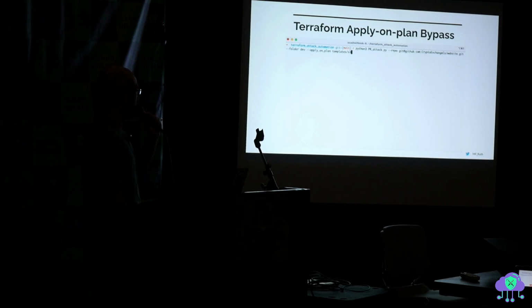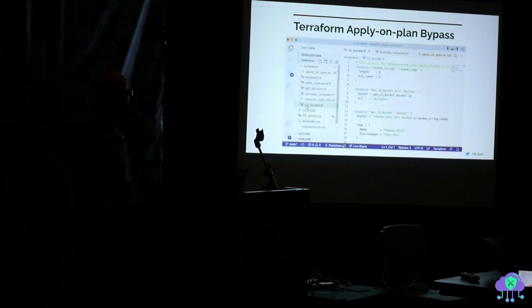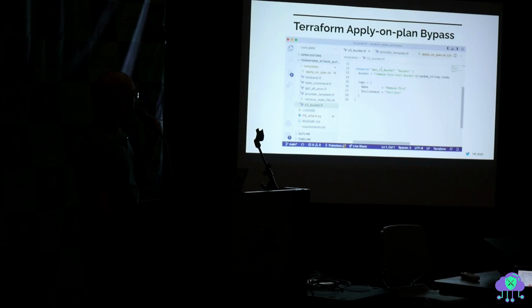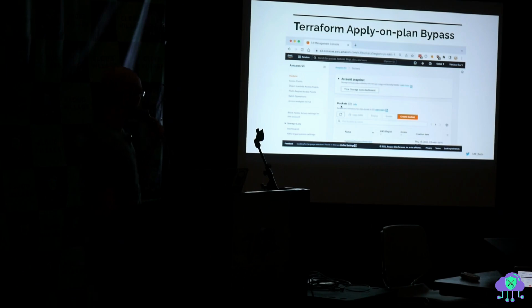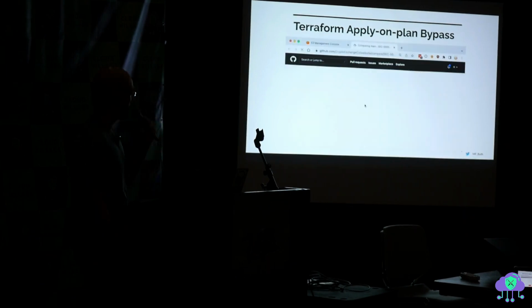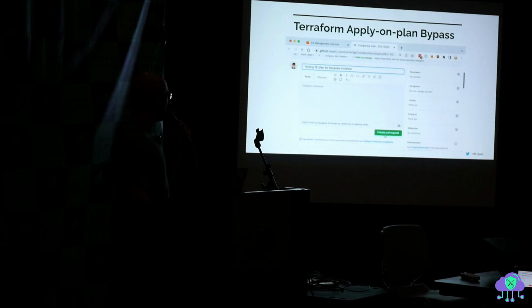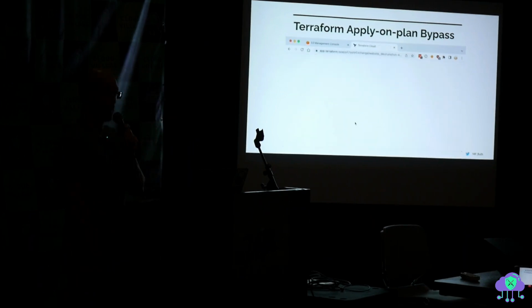We're going to go and try and create an S3 bucket here. And so what we can see is the name of the bucket is going to be remove this test bucket, so we can see that right here. So if we go into our current AWS account and we refresh it, we got to make sure that that bucket doesn't exist. We can see that that bucket does not exist. So we go and create a PR, and this PR is going to kick off a webhook to perform a speculative plan.